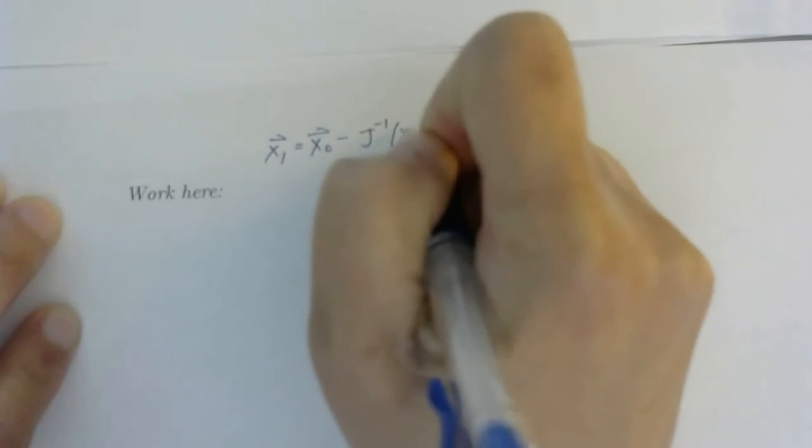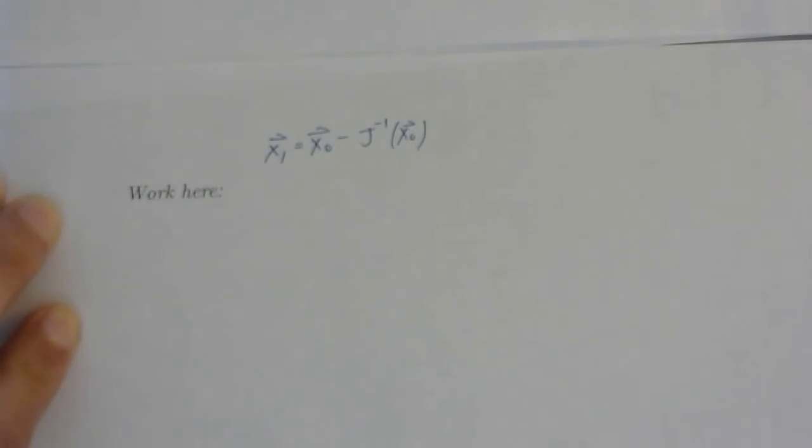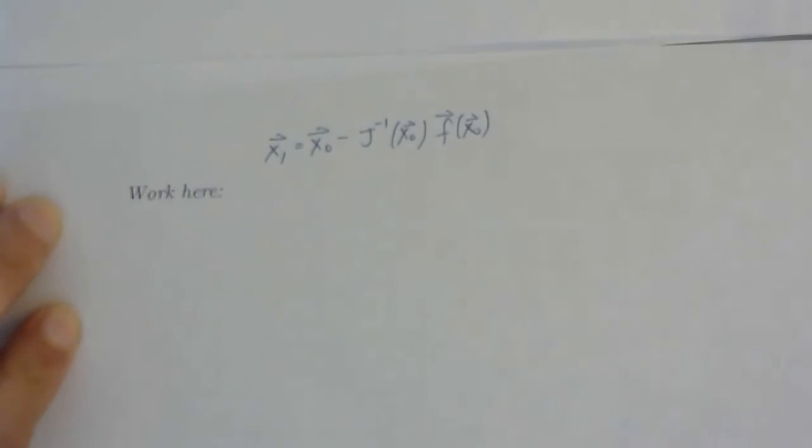Okay, get the paper lined up. All right, so how do we find this approximation? The first step of Newton's is that x1 should be x0 minus the Jacobian inverse at x0 times f at x0, right?